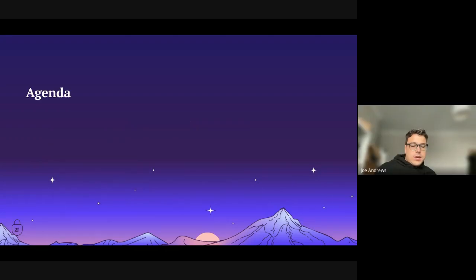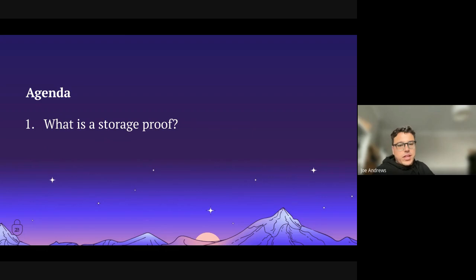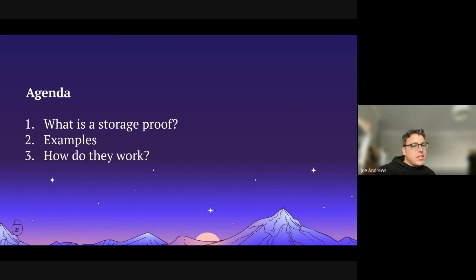Awesome. So today we're going to run through in detail what a storage proof is, how they work, and how data is stored on Ethereum. If that doesn't hit the nail on the head, we'll do some learning by examples, which can help. In more detail, we'll cover how storage proofs actually work on Ethereum and the underlying data structures used.